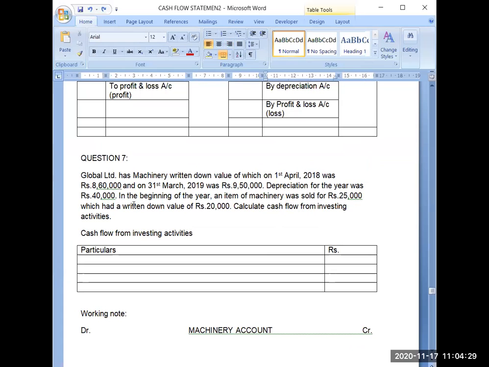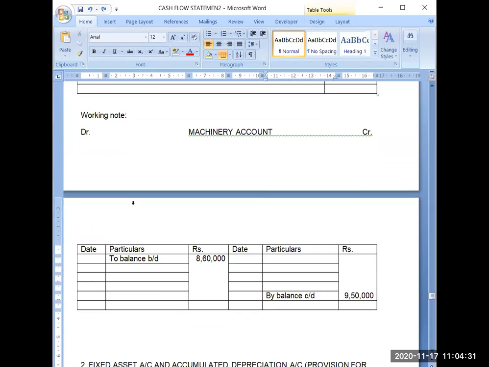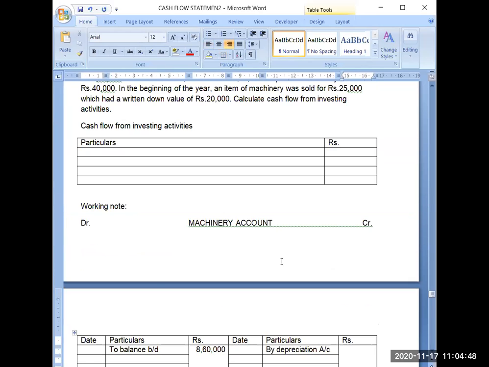Depreciation for the year was rupees 40,000. So we can write the depreciation entry here, by depreciation account. Some of the values will be given, and out of these, one value has to be determined.